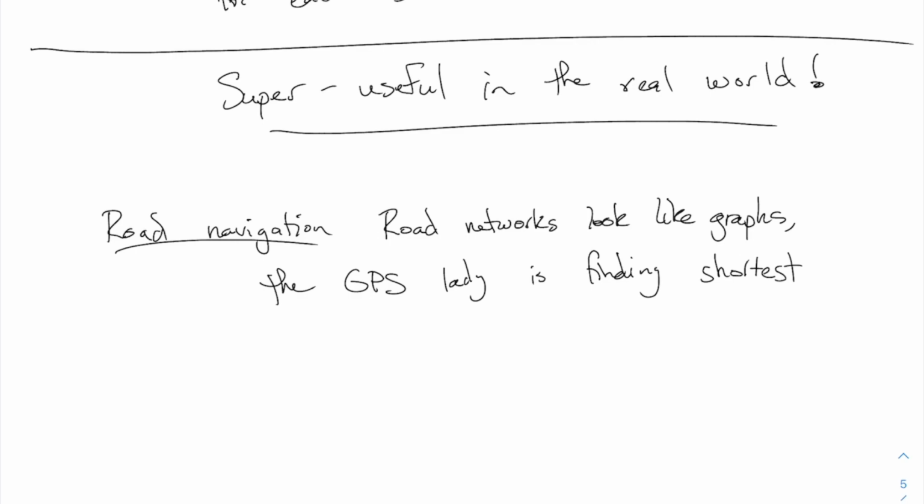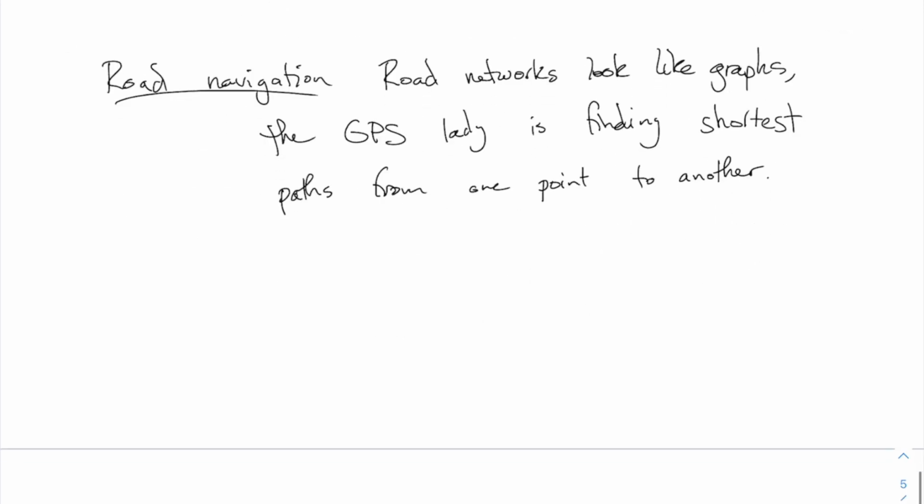So the GPS lady is finding shortest paths from one point to another. If you somehow were privy to the way they actually do this business in the computers at Google or whatever, they are doing a lot of graph theory pathfinding computations, right? This is super big business in the real world.